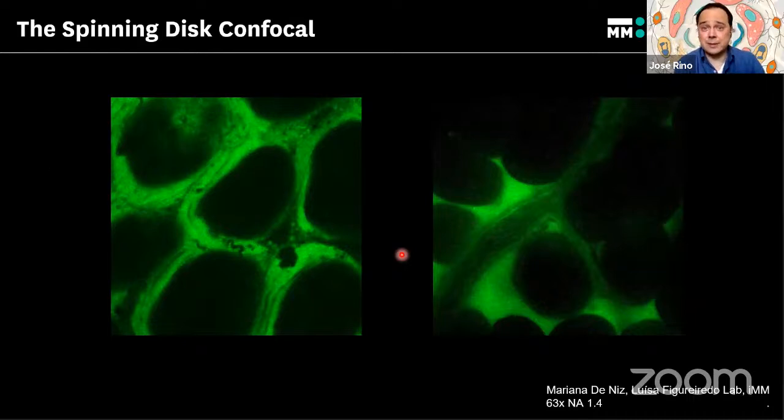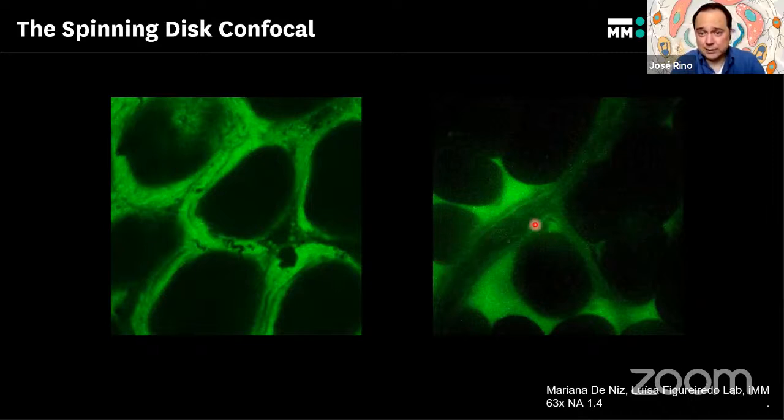So spinning disk confocal is the best, right? It's the best confocal system that you want to use, except not necessarily, because of the camera that you are using on the confocal. The CCD and EMCCD cameras that we use are typically limited to 512 by 512 pixels, in some cases 1024 by 1024 pixels, in order to be fast.